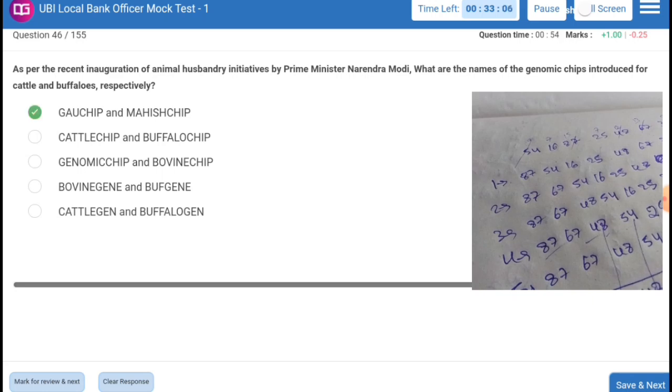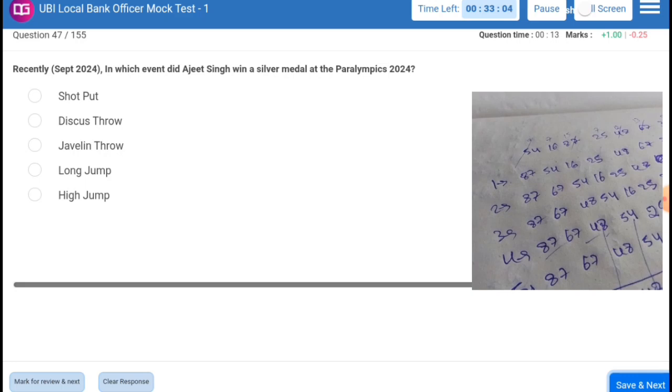Urgo chip or Muship. And in which event did Ajit Singh win a silver medal at the Paralympics 2024? I think shot put or long jump or javelin throw.